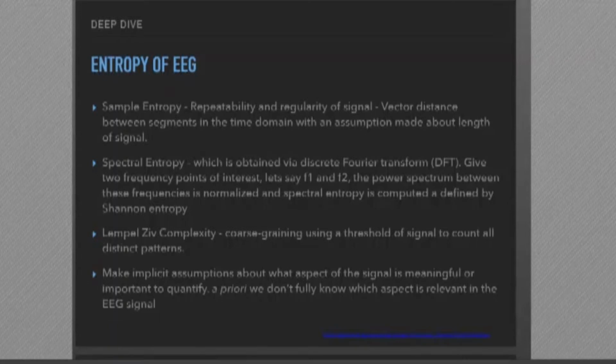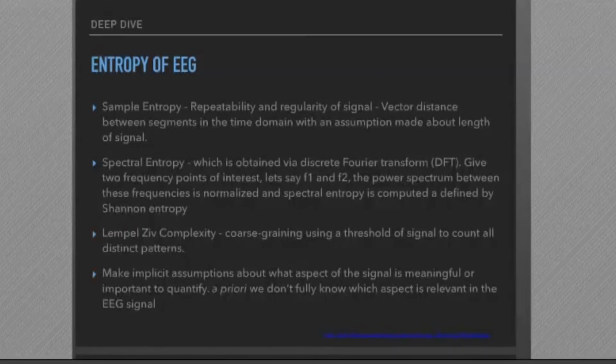In sample entropy, the whole EEG signal is taken and broken into small segments, typically between a few milliseconds to up to 75 milliseconds. And the vector distance between each of these segments is estimated. And from there, we infer what the entropy of the signal is or how repeatable the signal is.